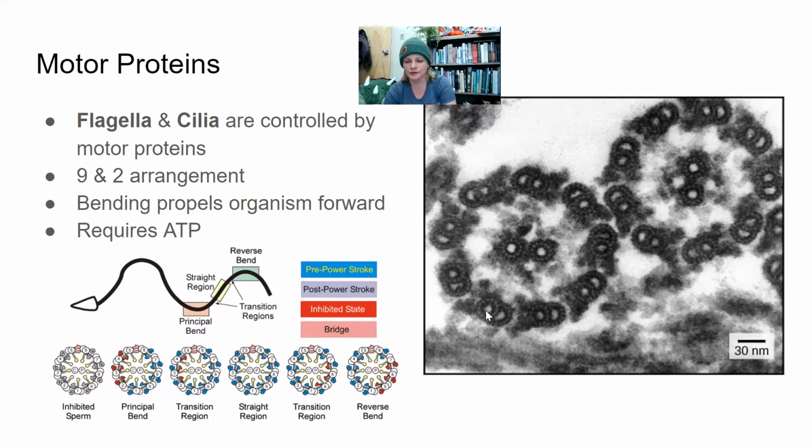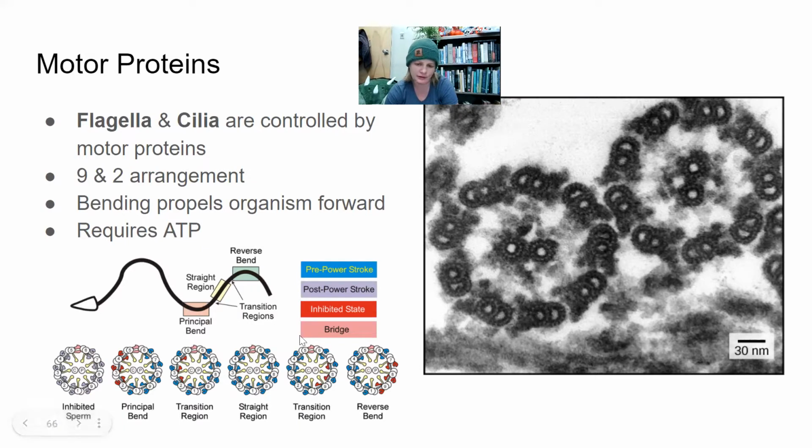And if we counted those, 1, 2, 3, 4, 5, there'd be 9 on the exterior and then 2 in the middle. And it's the relative way these proteins are triggered that allows this whip-like action of the flagella that propels the cell through the aqueous environment, the watery substance that it's swimming through.